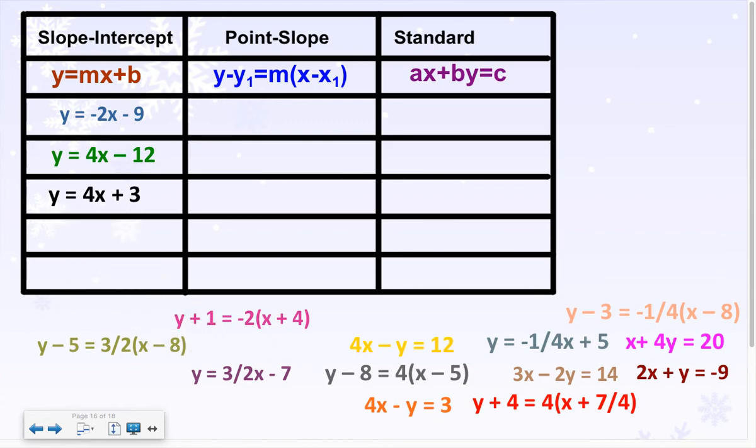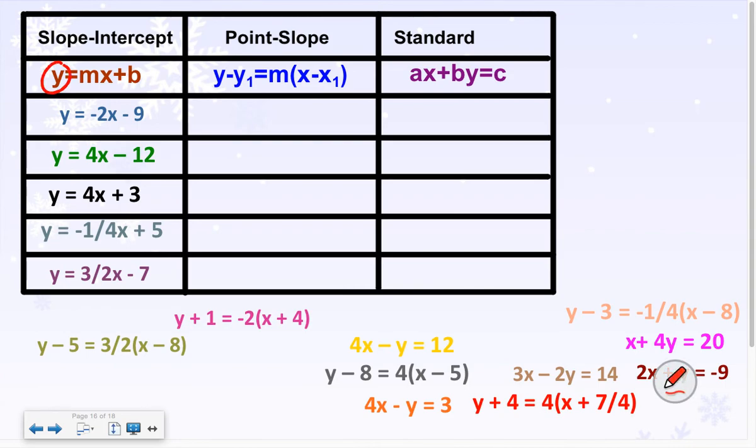So really, while I'm doing this, all I'm looking for is equations that have y all by themselves on the left side. So notice how y is alone, y is alone, y is alone.